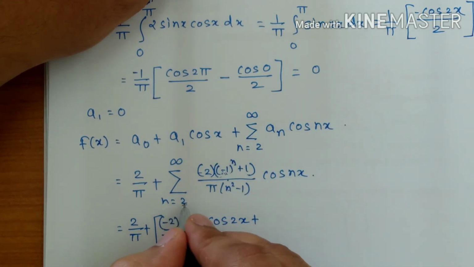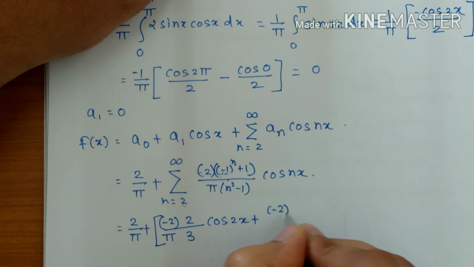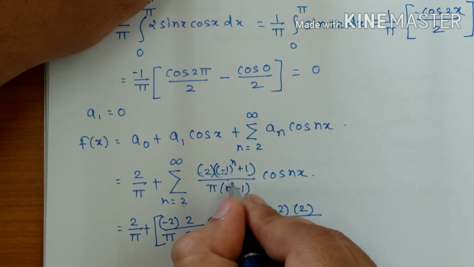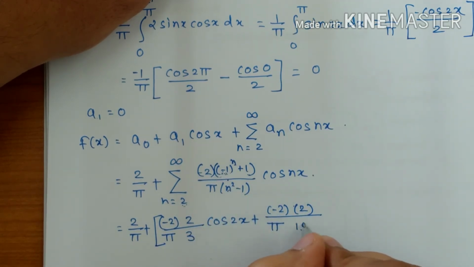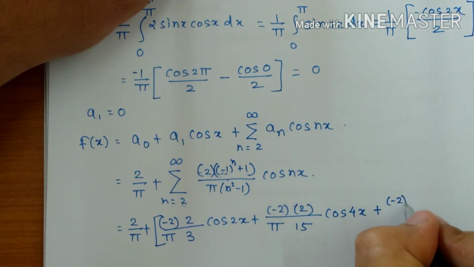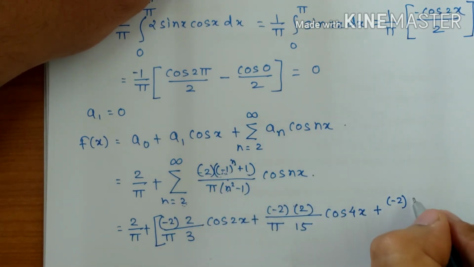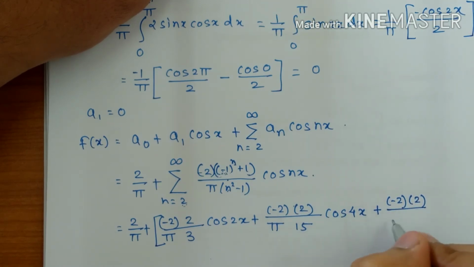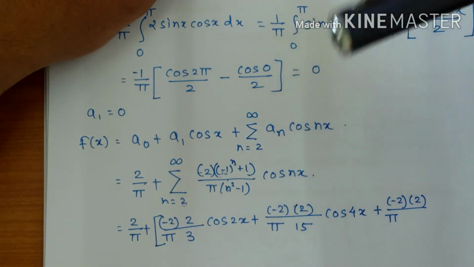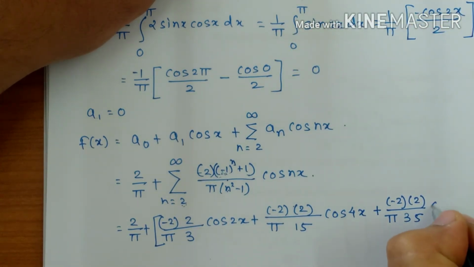Next value of n is 4, we will have minus 2 into 2 divided by pi into 4 square, that is 16 minus 1, that is 15, into cos 4x, plus next value of n is 5, for which this is going to be 0, skip that. Next is n equal to 6, pi into 6 square, that is 36 minus 1, that gives us 35, into cos 6x, plus and so on.